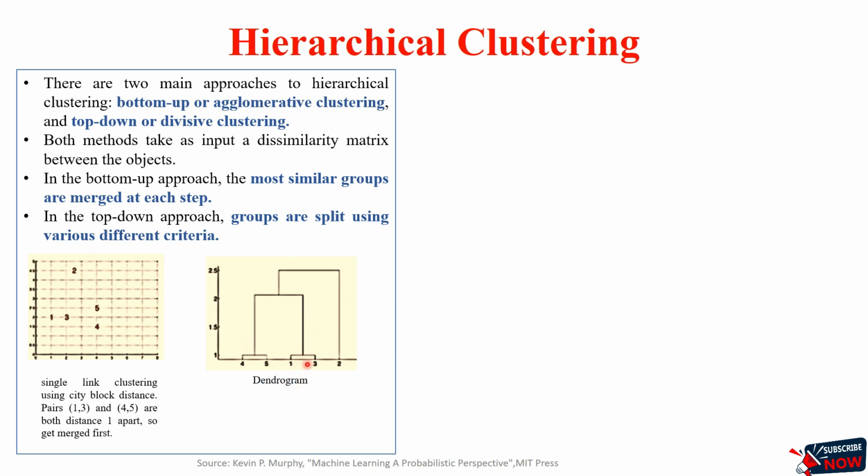You could see 1 and 3 are merged first, and 4 and 5 are merged because they are distance 1 apart, after which these two clusters are merged, and at the next level this 2 is merged with this particular cluster.